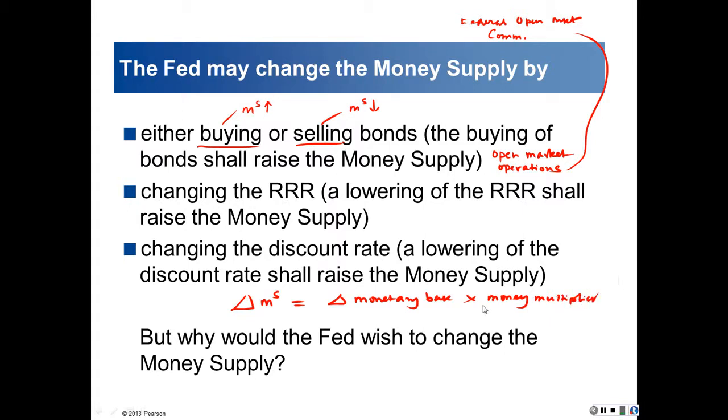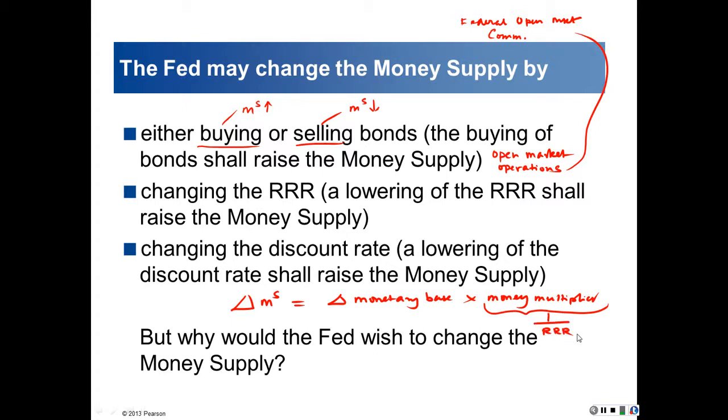Now, what's the formula for the money multiplier? We have two different formulas if you recall. One of them assumes that there are no cash leaks and the banks are fully lent up, and the other one relaxes these assumptions. Let's work with the former definition, assuming that there are no cash leaks and banks are fully lent up. In that case, the money multiplier is 1 divided by the required reserve ratio.